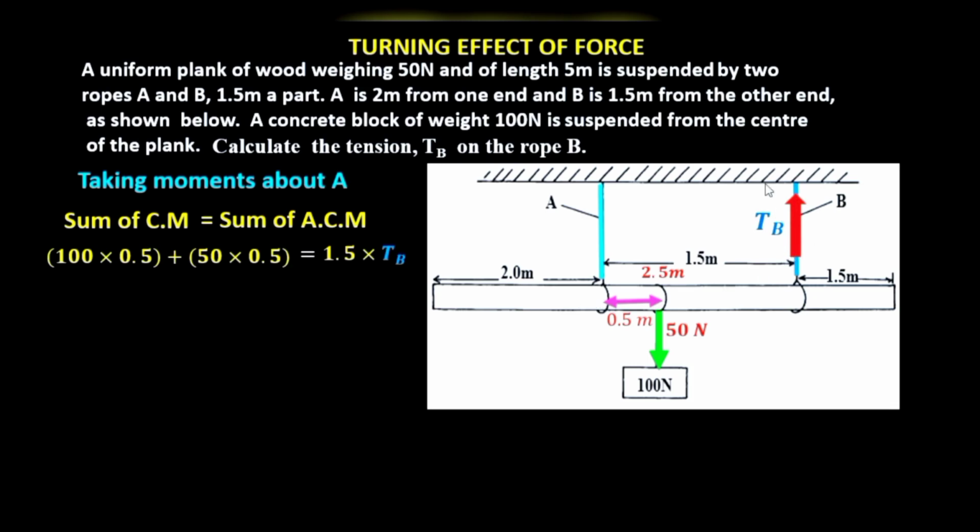It acts upwards. We multiply the force, which is the tension in the rope, times the perpendicular distance between the line of action of the force and the pivot, and for this case it is 1.5 meters, and thus we have 1.5 times tension in B. The next thing we work out B, we'll have to divide both sides by 1.5.